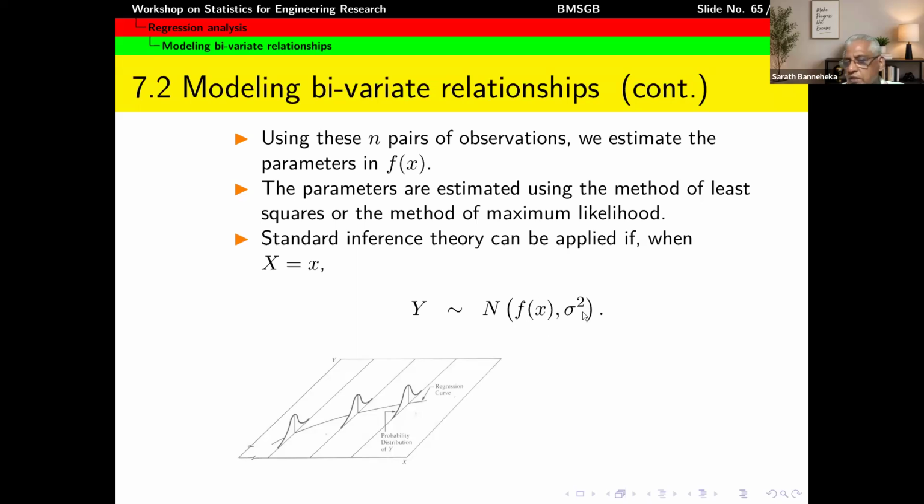But we are going to assume that for all the distributions, the variance is the same. That assumption is called the homoscedasticity assumption. On the other hand, we assume that the means change according to the f(x) function that we assume. That is an important assumption, called the model assumption.